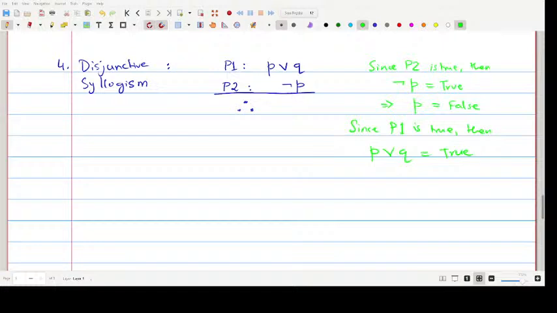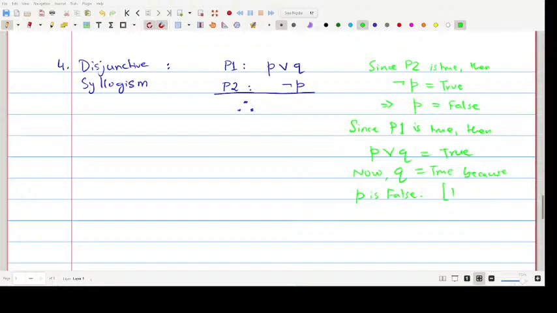So if P disjunction Q is true and P is false, then Q has to be true. Q has to be true because P is false.